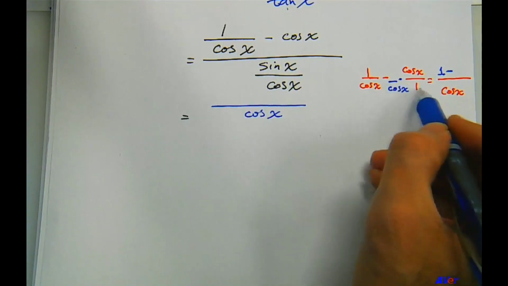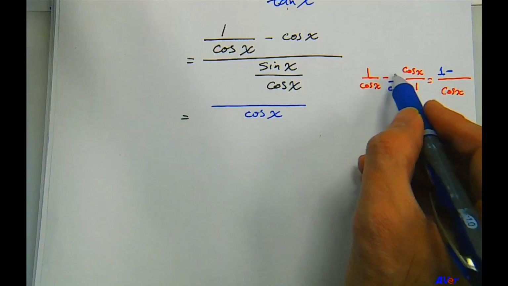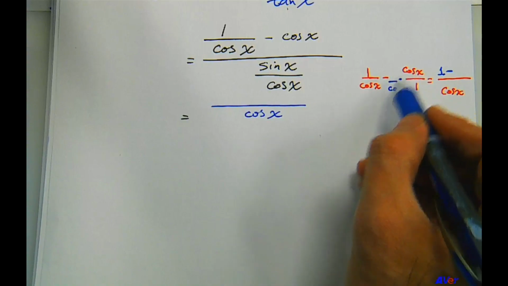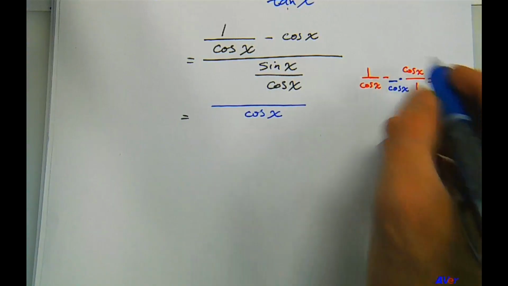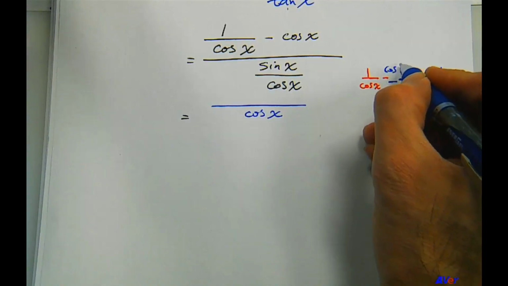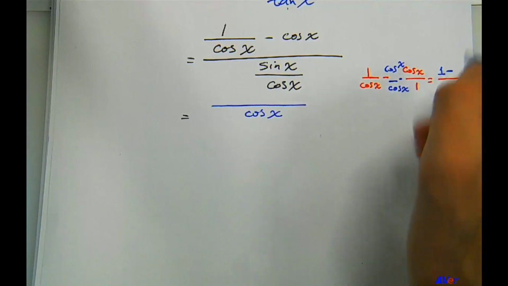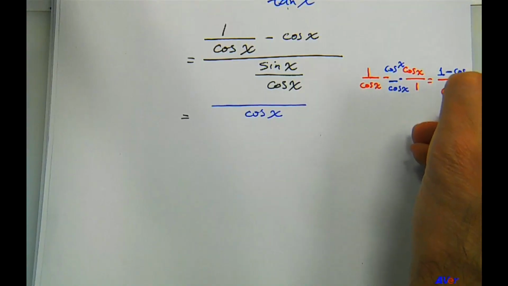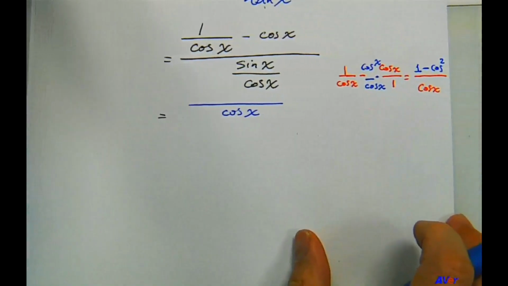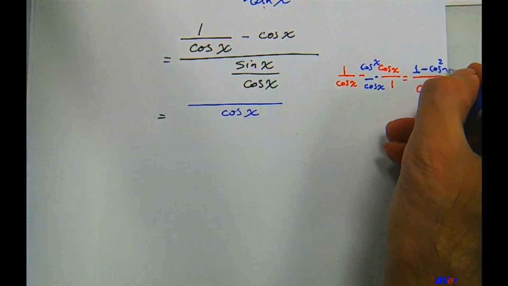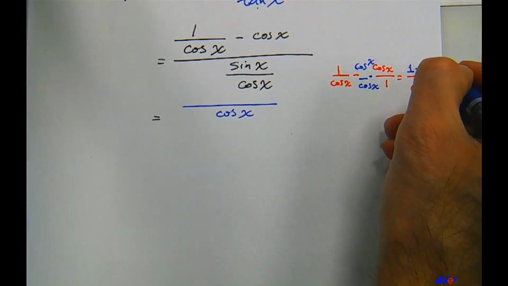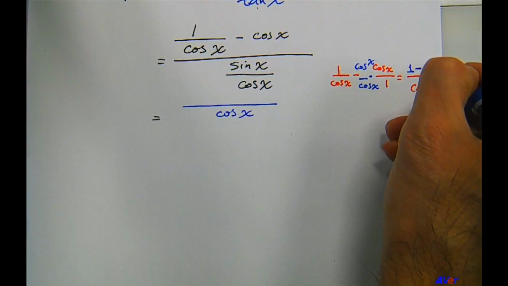And if we're doing this to the denominator, we have to multiply the numerator by cosine of x, right? So cosine of x over cosine of x multiplied by this, we get 1 minus cosine squared x. Sorry, I'm running out of room there. I should have seen it.